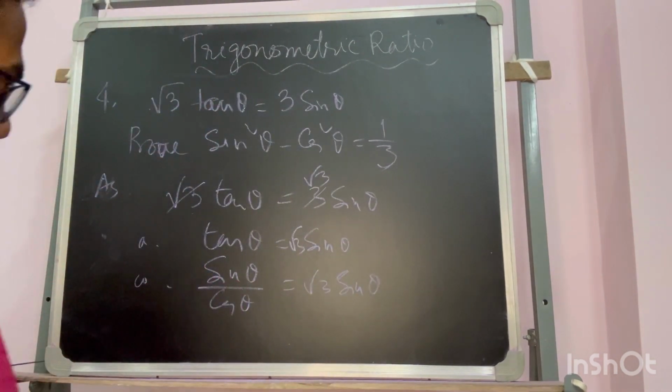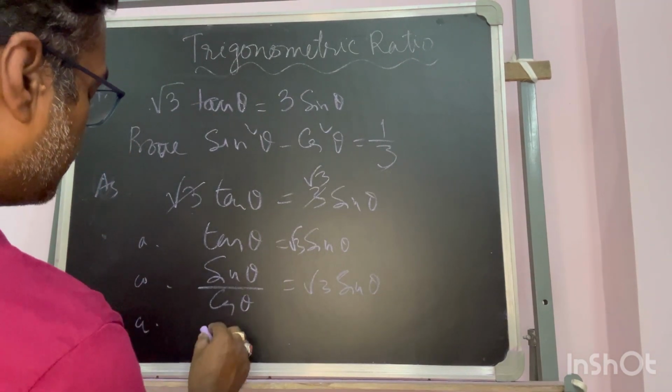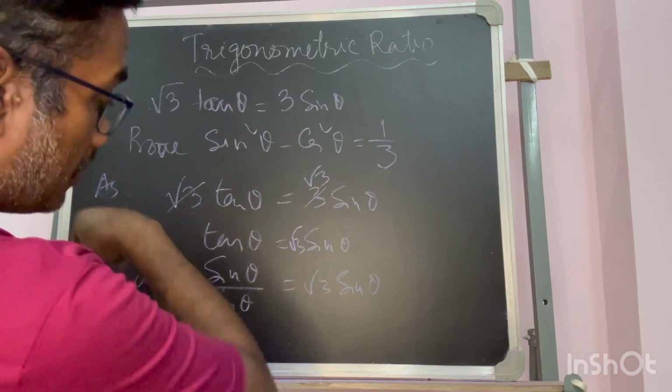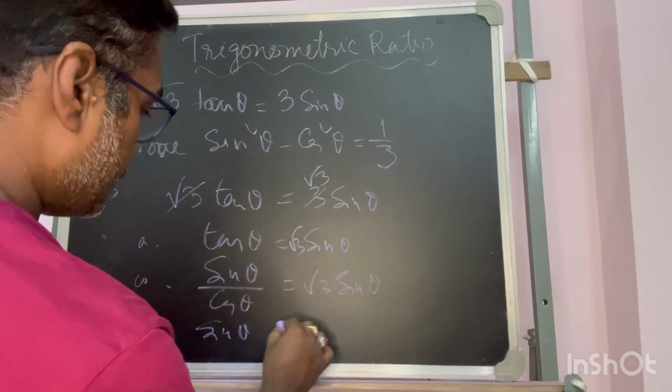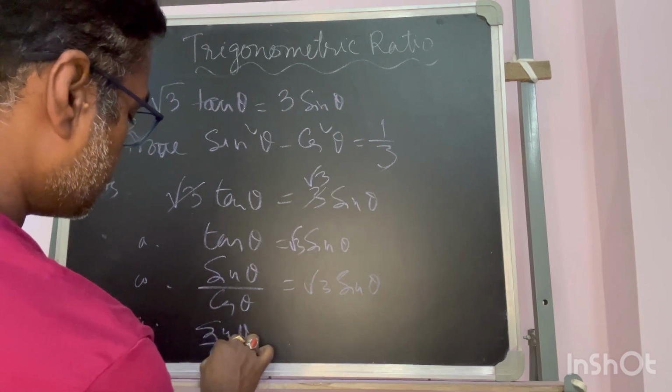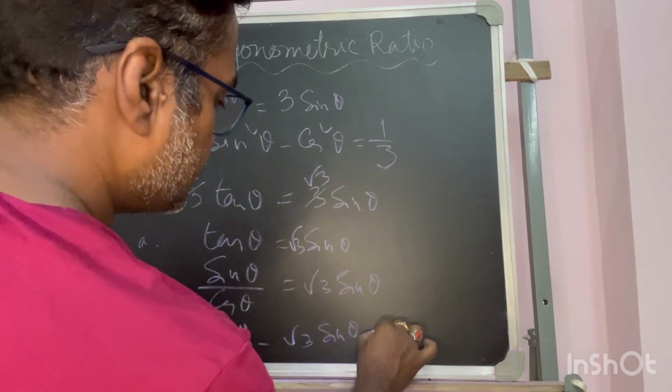Okay, what can you do? You can bring this to one side: sin theta by cos theta minus root 3 sin theta is equal to 0.